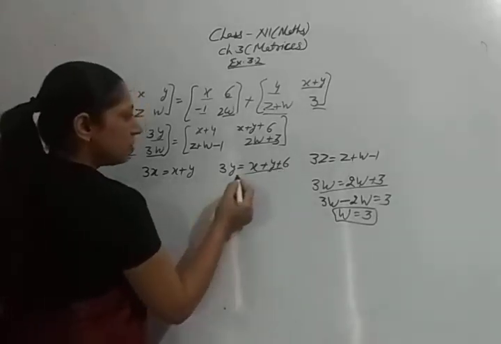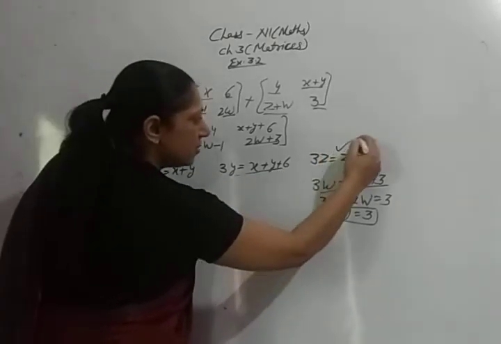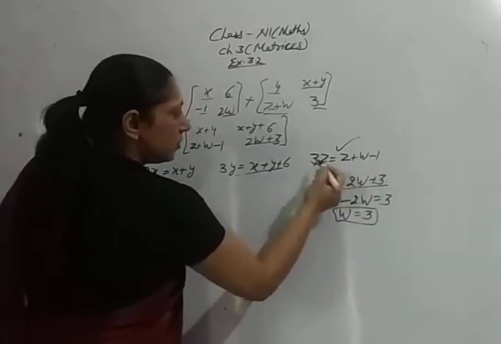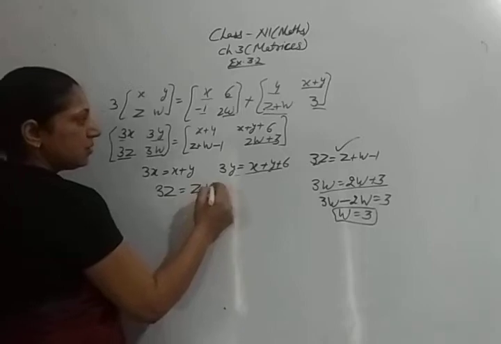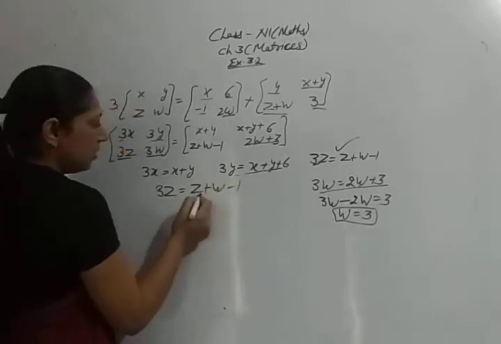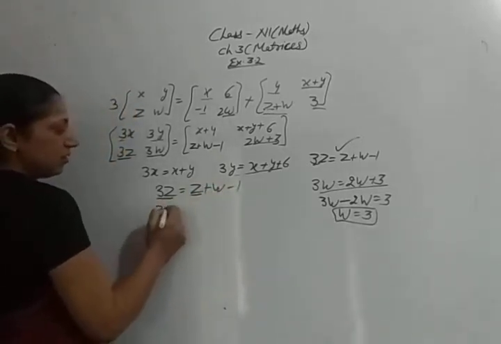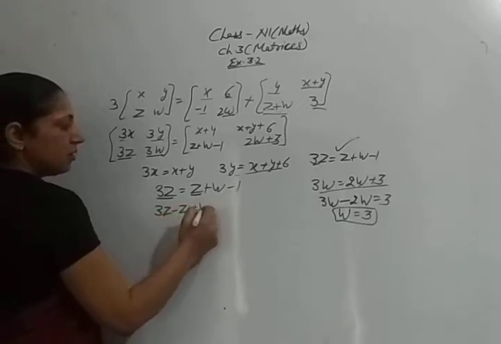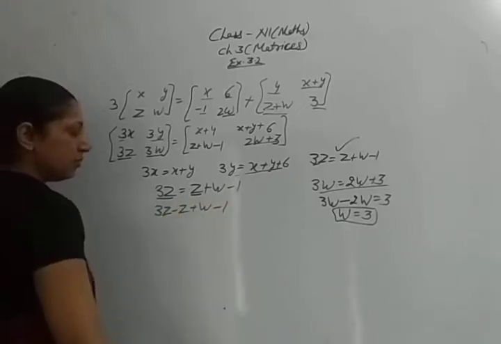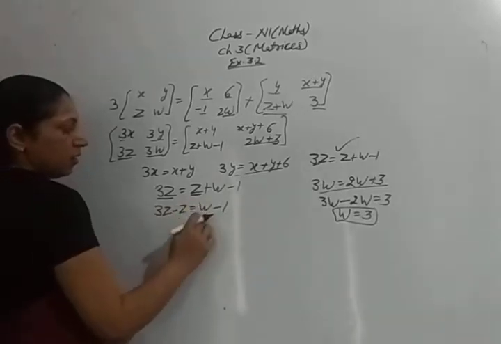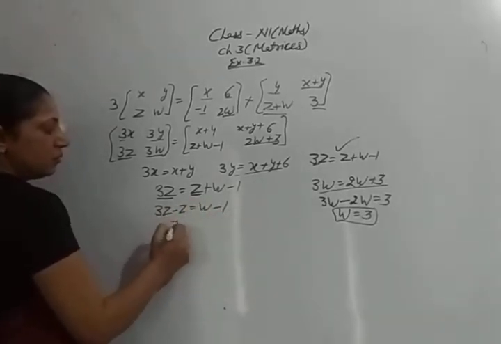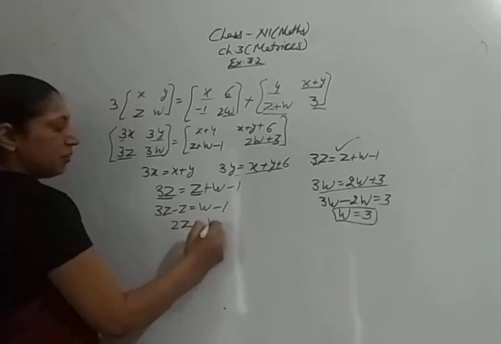Now I am taking these two equations. I am taking first this one equation. So the equation is 3z equal to z plus w minus 1. Now 3z minus z equal to w minus 1. 3z minus z, 2z equal to w minus 1.